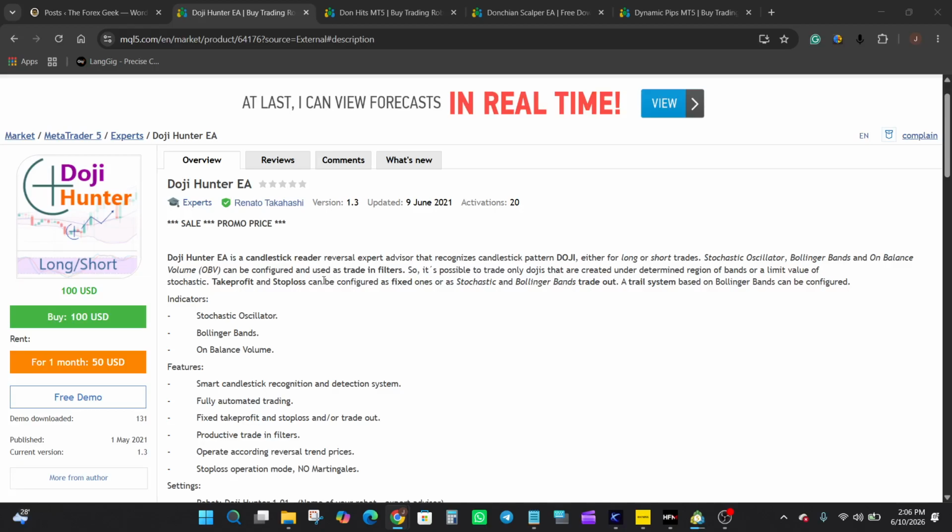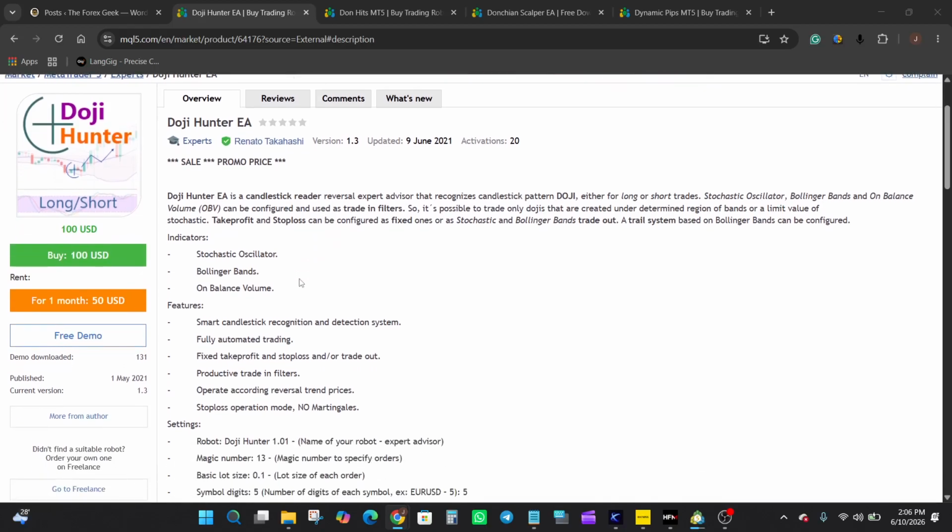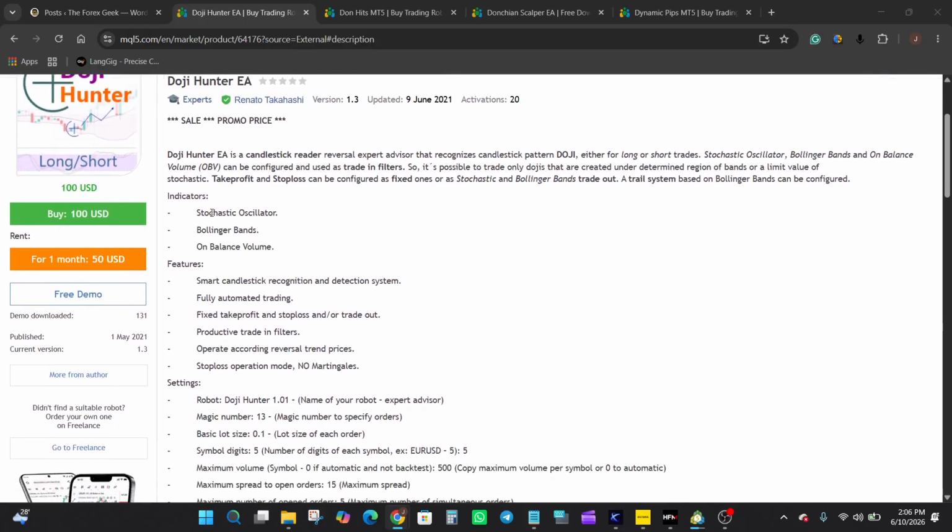Moving further down, I can see that the system can also use a combination of indicators for additional confirmation. These include the stochastic oscillator, Bollinger Bands, and unbalanced volume. Each of these can be enabled as filters depending on how selective the trader wants the system to be.